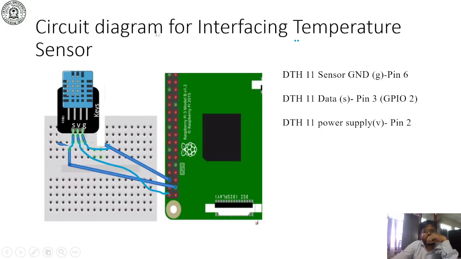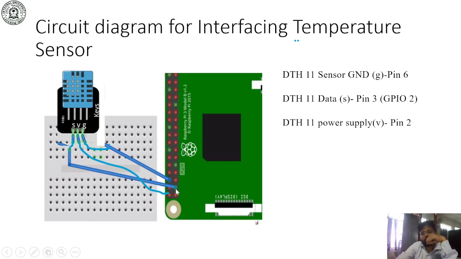Now this S pin is known as the data pin. Here we get the data from the DHT sensor to the Raspberry Pi. In this slide you can see that I have connected this data pin to pin number 3.